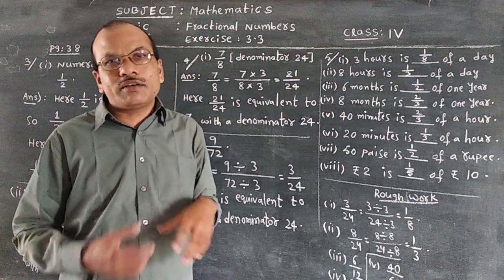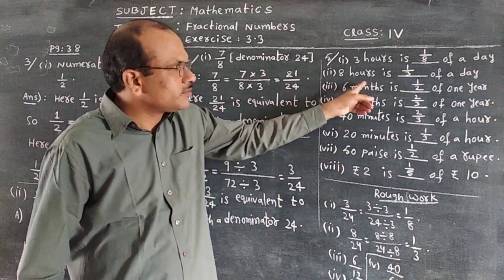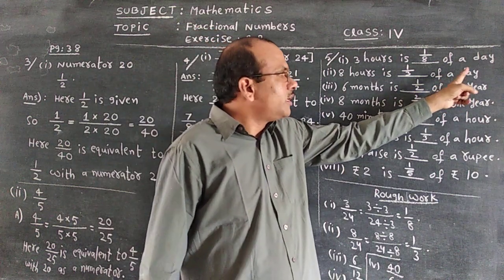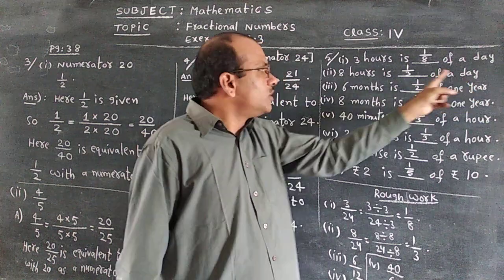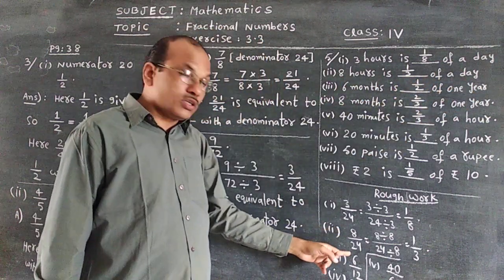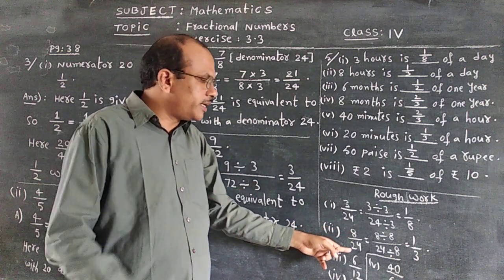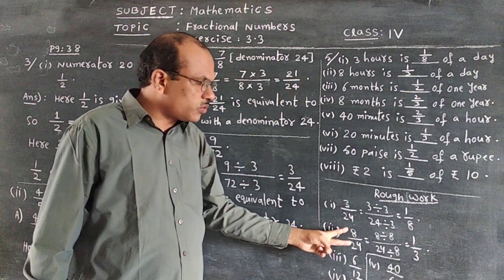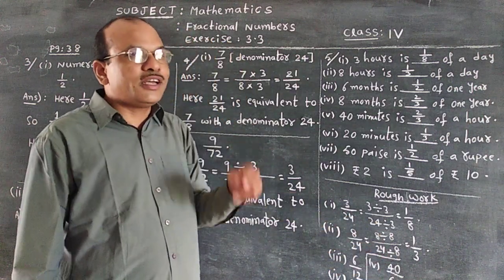Can we see the second one in the same procedure? Yes, 8 hours is given. Here day is given. In one day 24 hours are there, we have learned already. So 8 hours, 24 hours. See that, 8 by 24. What common table is there for them to cancel or divide? The 8th table.